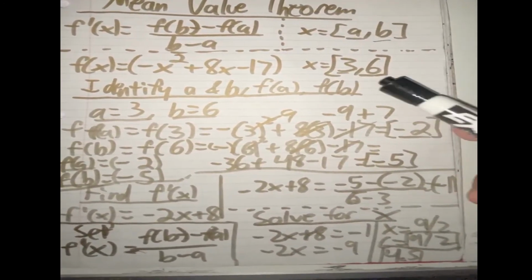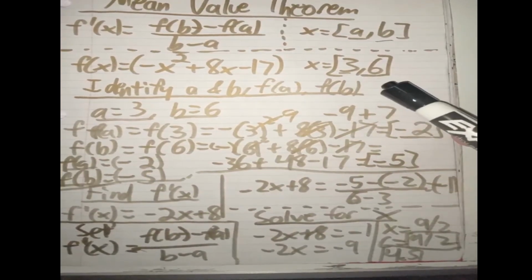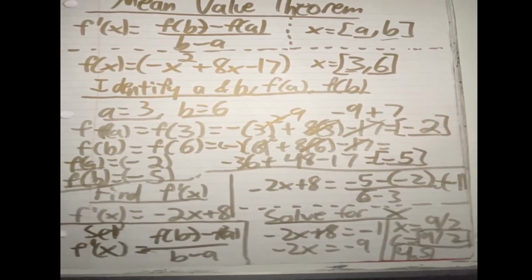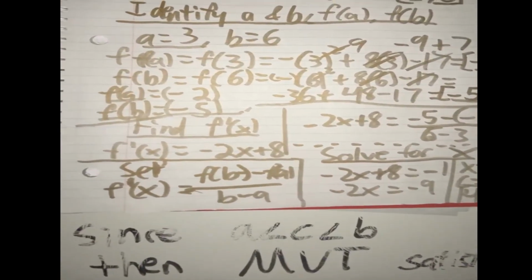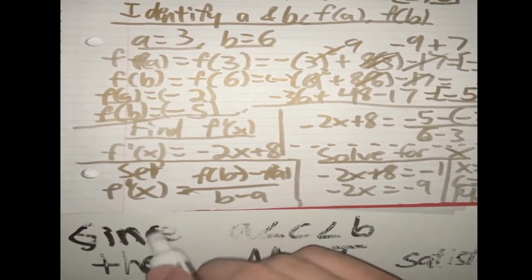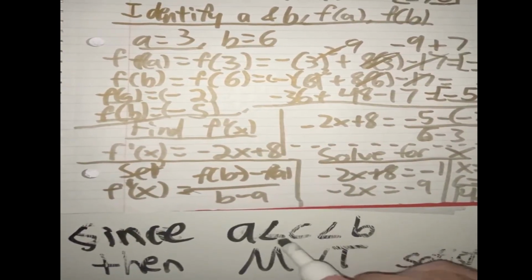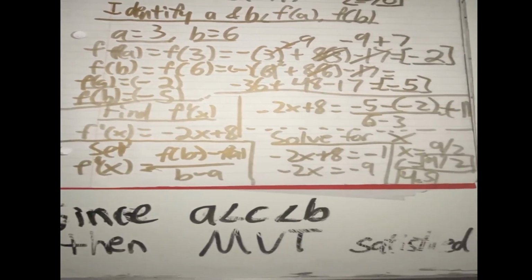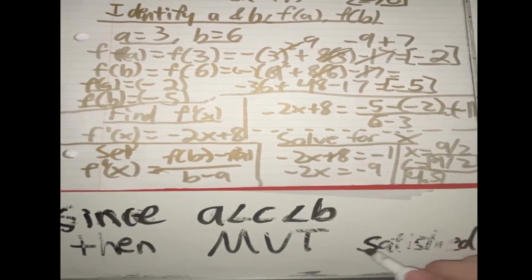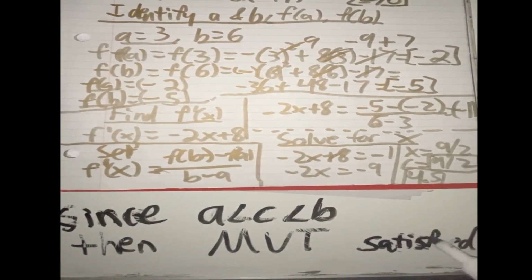And 9 over 2 falls within the interval of 3 and 6. That actually falls right in the middle. And since a is less than c, since c falls within that range, then the mean value theorem is satisfied.